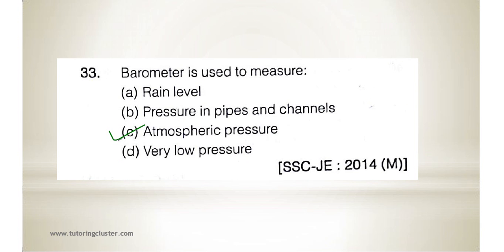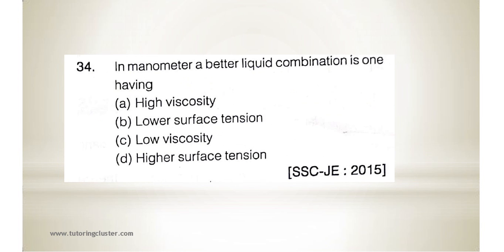Next, in a manometer, a better liquid combination is the one having. Let's say in a manometer you are using mercury. Mercury density is high, but it is less viscous, right? It has a low surface tension. It has a high boiling point, so it does not get vaporized. And mercury is going to stick to the walls of the tube.